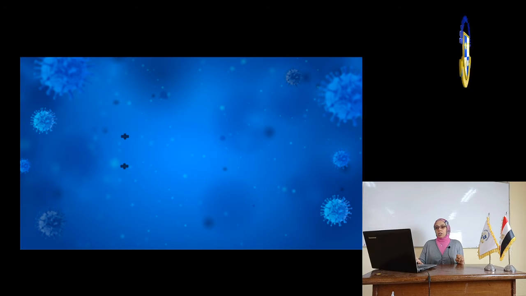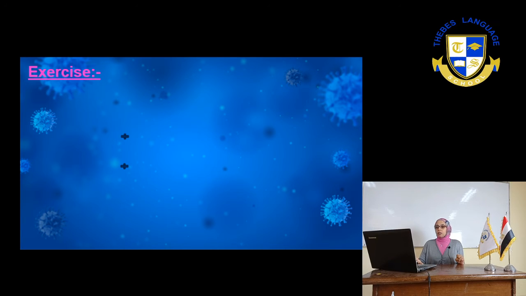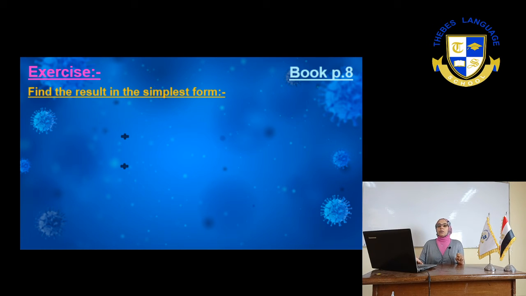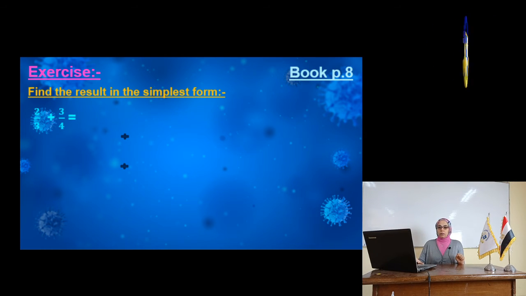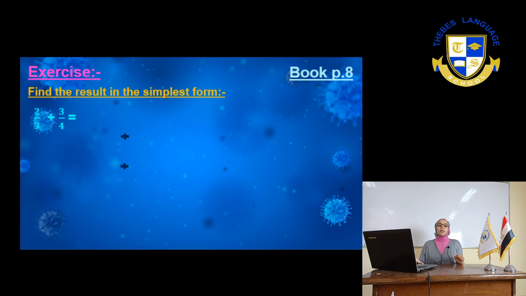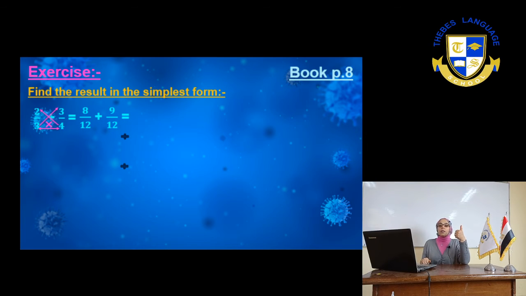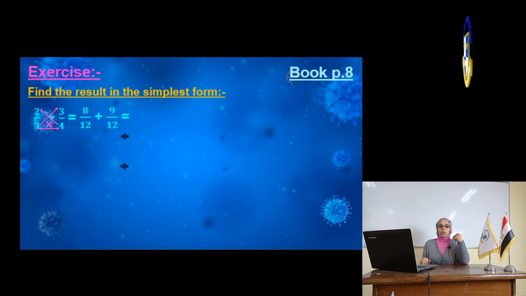Now we have an exercise, next slide, from your book, page 8. Find the result in the simplest form. We have 2 over 3 plus 3 over 4. First, go to the smaller denominator, which is 3. Can 3 be 4? No, it can't.